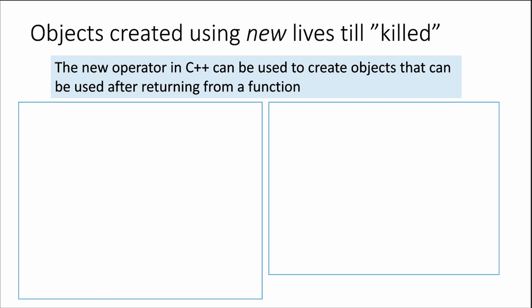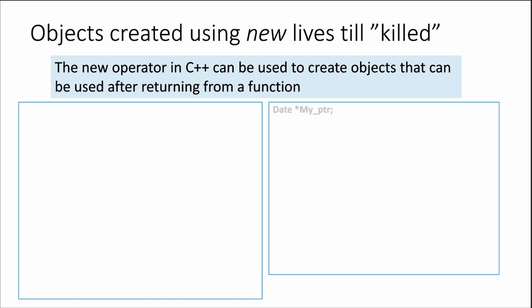The new operator in C++ can be used to create objects that can be used after returning from a function. So this is what I told you. One of the advantages in the initial slides, I said I'll discuss in detail in the coming slides. So this is the point. The new operator in C++ is used to create objects that can be used after returning from a function.